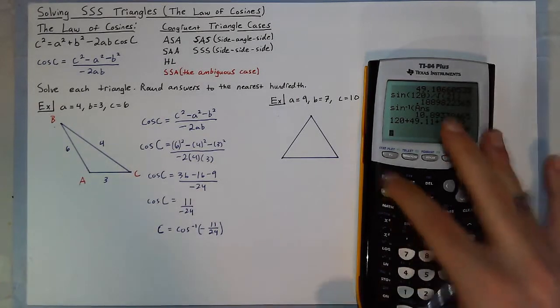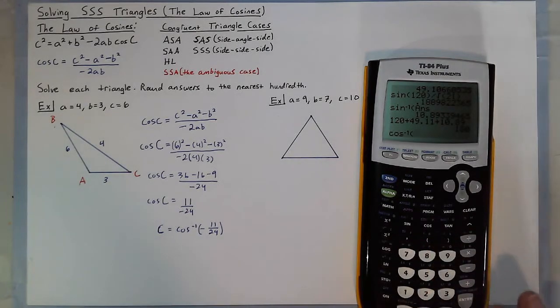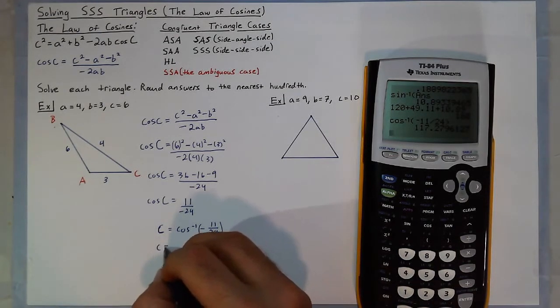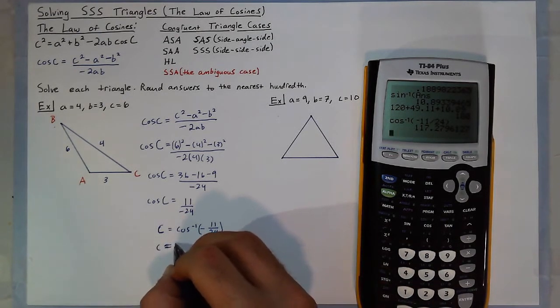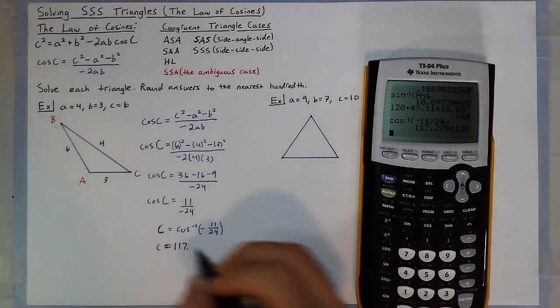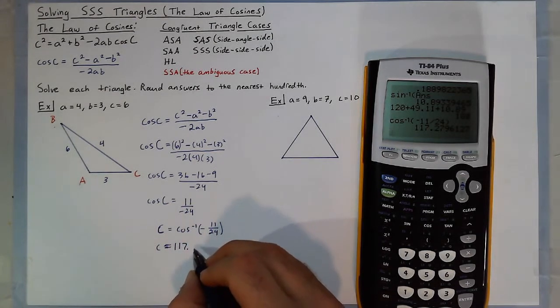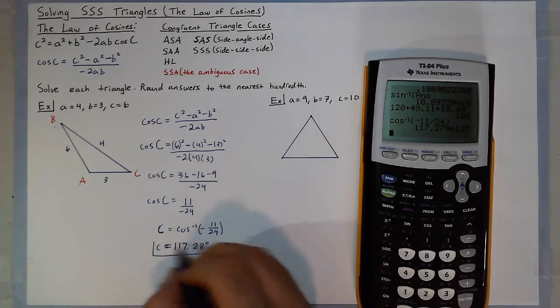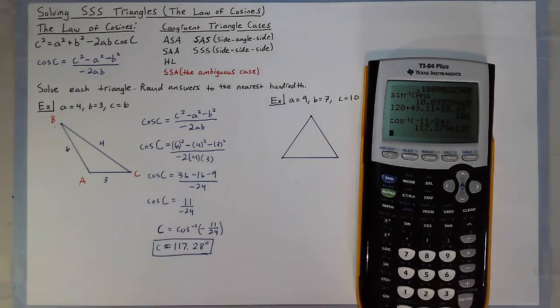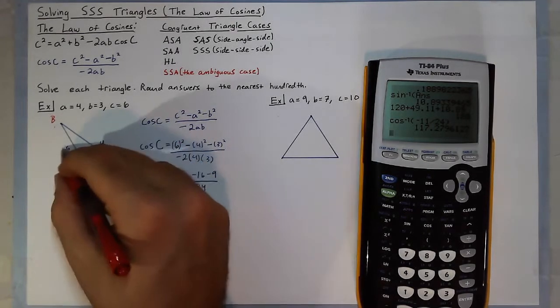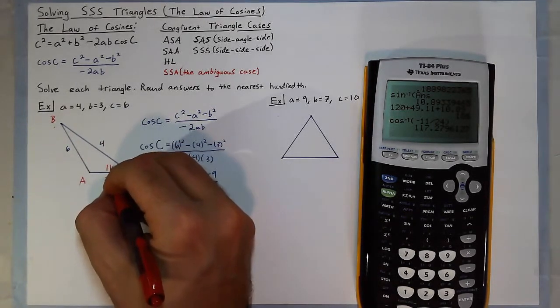So cosine inverse of negative 11 over 24 gives me c is approximately 117.28 degrees. So yeah, being across from the biggest side, that makes sense.